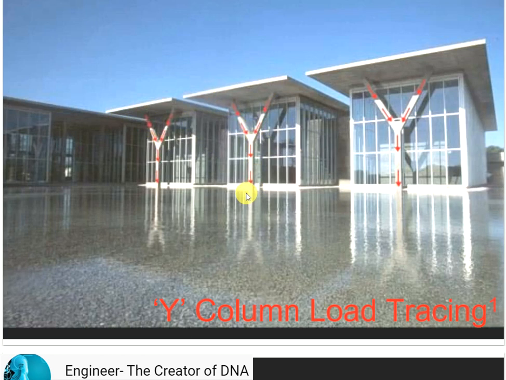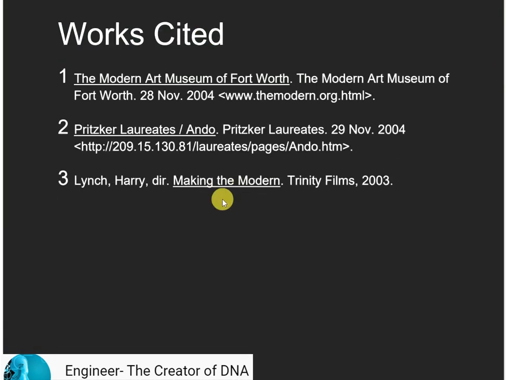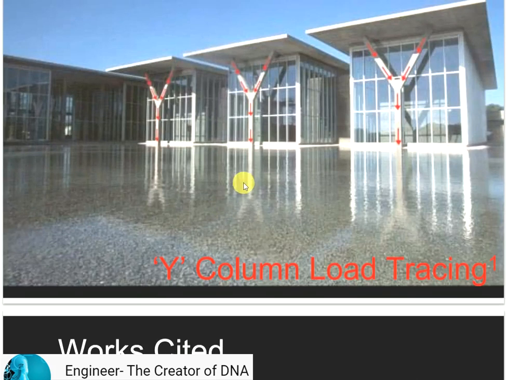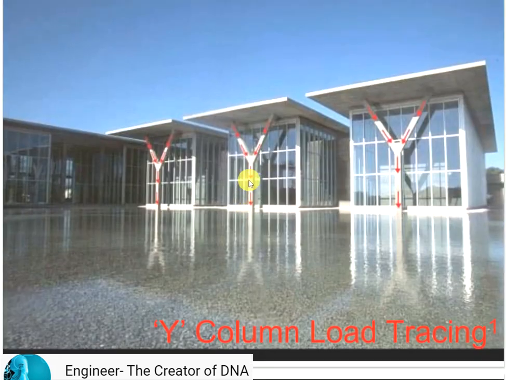This is the biggest thing they did, to take over the two loads in a single element. These are the things they did to transfer the loads, and they made a mechanism concept for this, and finally achieved it. Okay, fine. Now we know how the mechanism of the Y-shaped columns behaves, and where the tensile forces and the compressive forces will be acting.